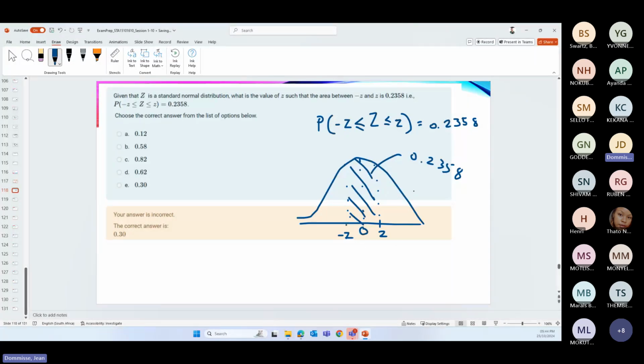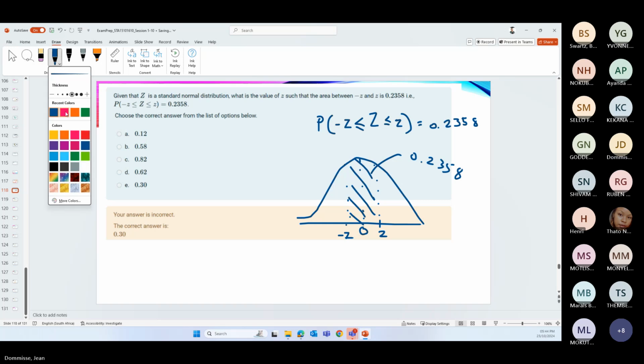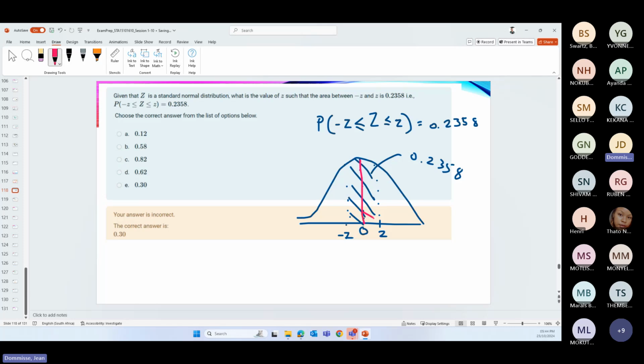Okay, so again, what we do in this instance is we know that this is symmetrical. So that area in the, let's call it reddish, and that area in green needs to be the same.